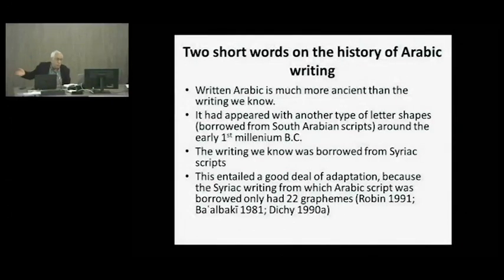That's Christian Robin's works. And the writing we know was borrowed from Syriac scripts or Aramaic altogether. But this entailed a good deal of adaptation, because you go from 22 graphemes to 28 to 29, depending on criteria.